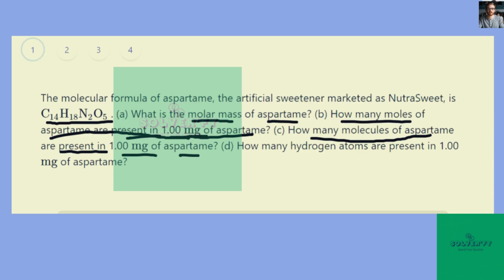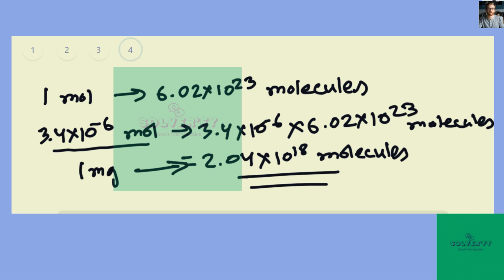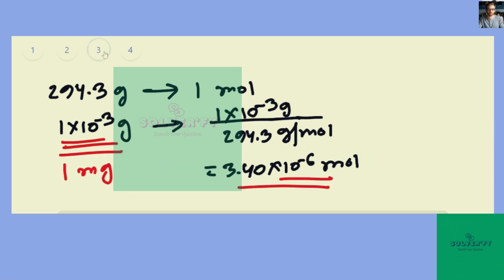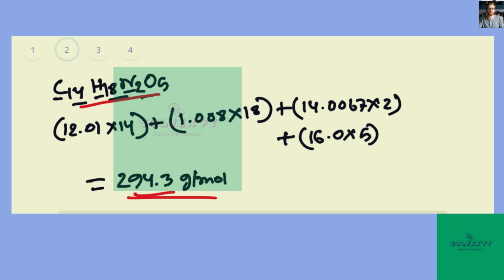And finally, we have to find out how many hydrogen atoms are present in the same mass of aspartame. So we have calculated how many molecules we have in 1 milligram of aspartame. Now we have to find out how many hydrogen atoms we have in 1 milligram of aspartame. From the formula, we can see that one molecule of aspartame contains 18 atoms of hydrogen.